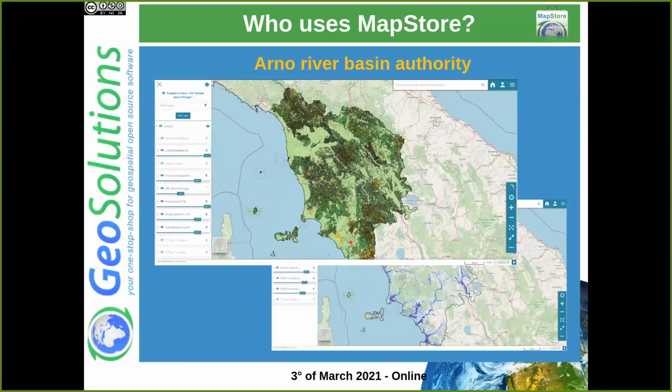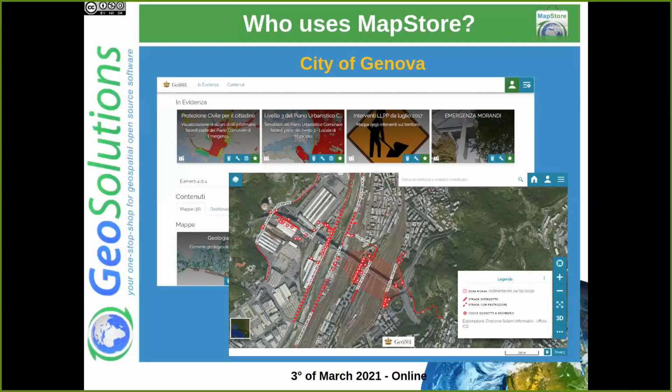And also, for instance, the Arno River Basin Authority used MapStore almost as it is, without any customization. The city of Genova is another example that has some customization and custom pages for their own purposes, and some integration with their own authorization and authentication system that is for public administration in general.